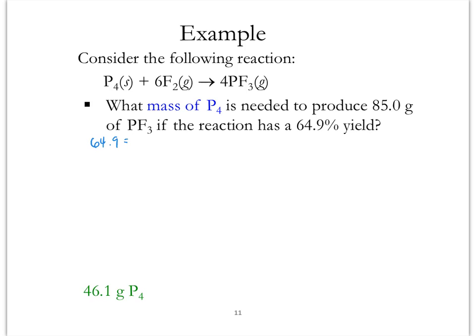So you have to work and calculate using the 85 grams of PF3, take it to grams of P4, and then knowing that the reaction only has a 64.9% yield, you could figure out what mass you'd actually need to put in to get there. It has to go over what you should get.